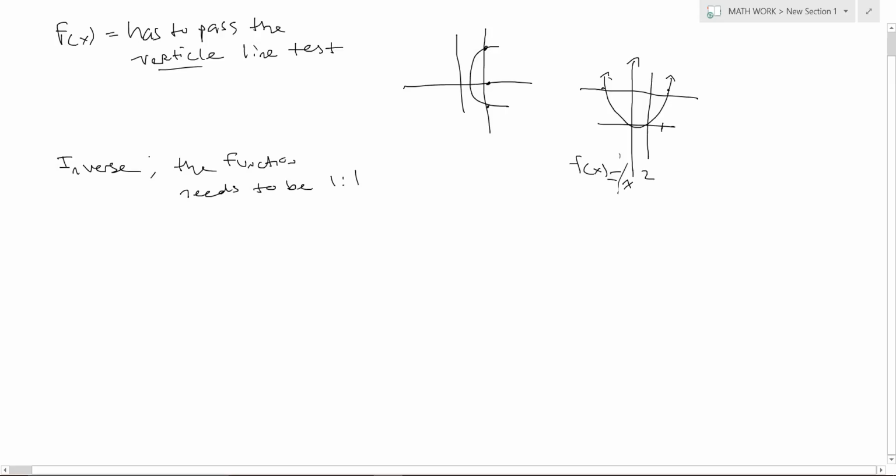The reason is because the inverse, well, let's look at an example, right? If I say y equals x squared plus 3, say 2x squared. We learned from our pre-calculus days that what we do is we interchange the values, right? And so the inverse function gets reflected across the line y equals x.